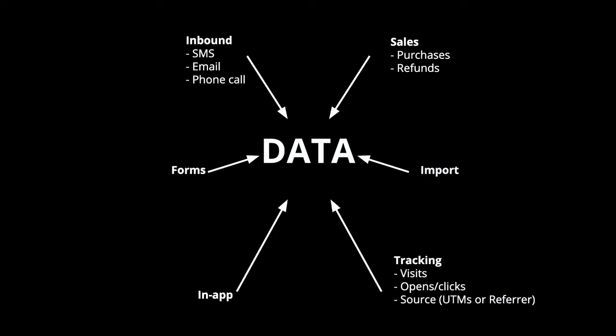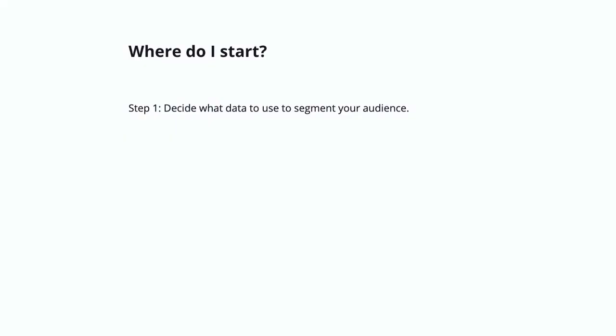And then it becomes, unfortunately, your job to figure out how to organize that information. First, how to get the right information, and then how to organize it in a way that is going to be effective, right? So where do I start with this project? Well, first of all, you need to decide what data to use to segment your audience, right?